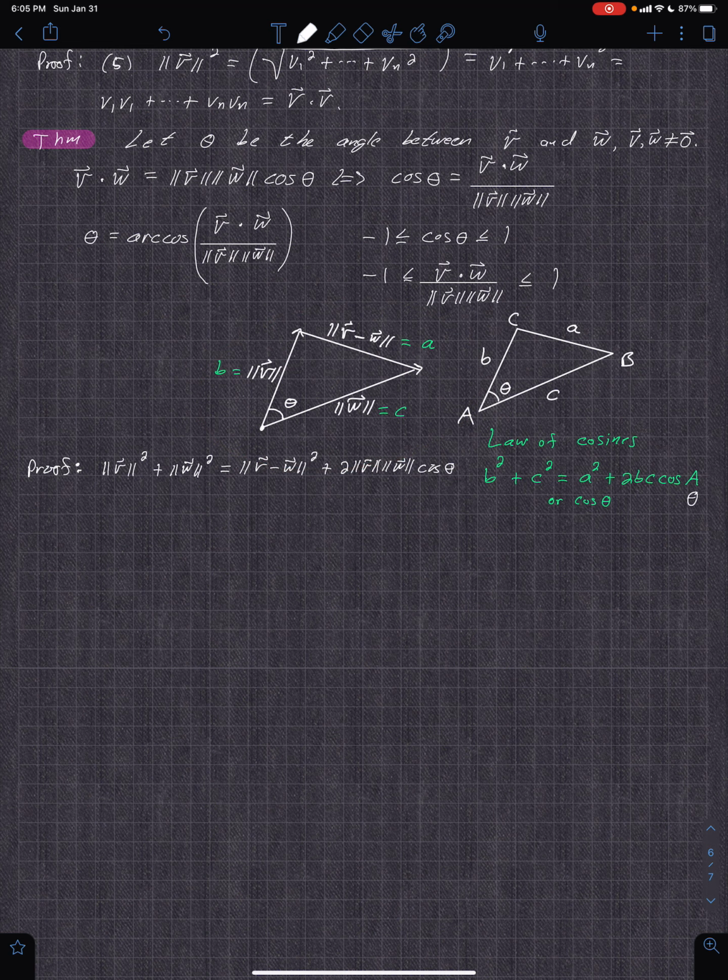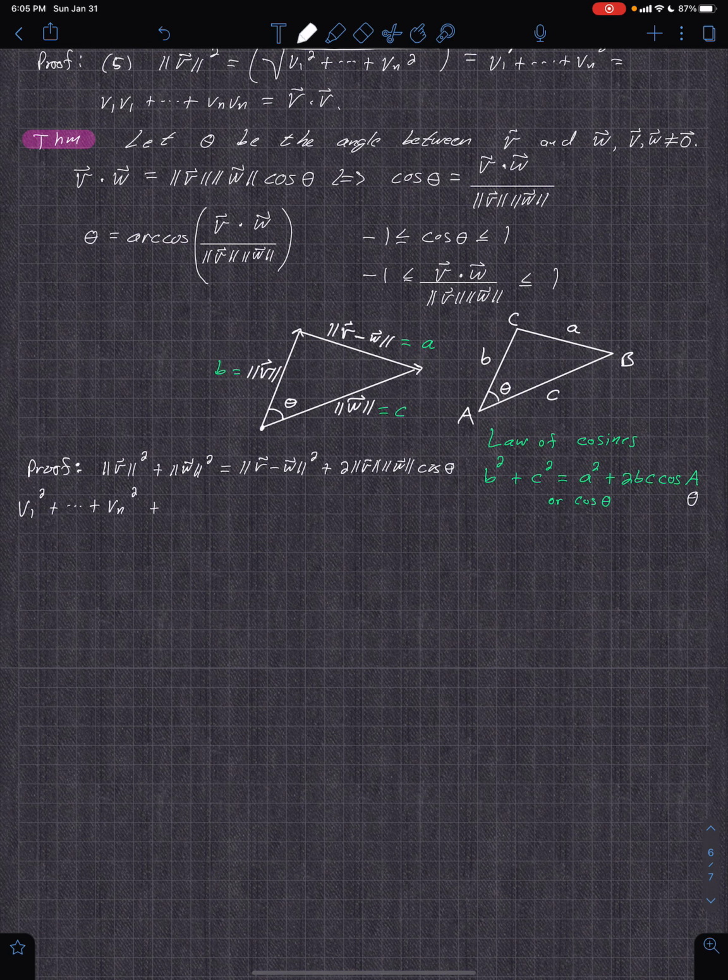Now, let's take the magnitude V squared and multiply that out. The magnitude of V is the square root of the sum of its components squared, right? So now we're going to square that, and you just get V1 squared all the way to Vn squared.